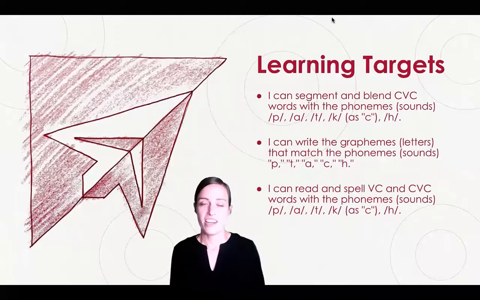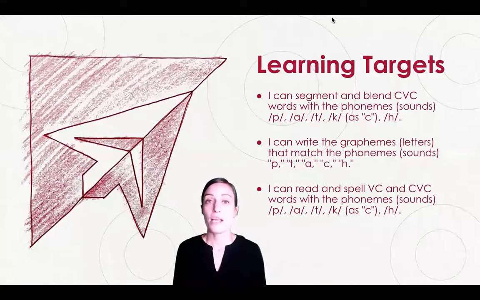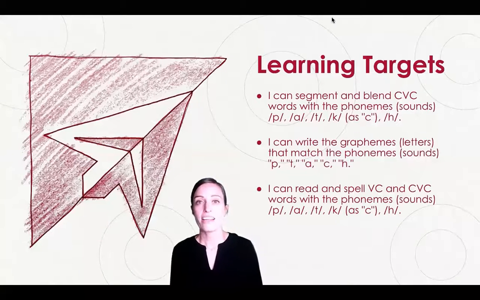We have 3 learning targets today. Our first learning target is I can segment and blend consonant, vowel, consonant words with the sounds p, a, t, k, and h.